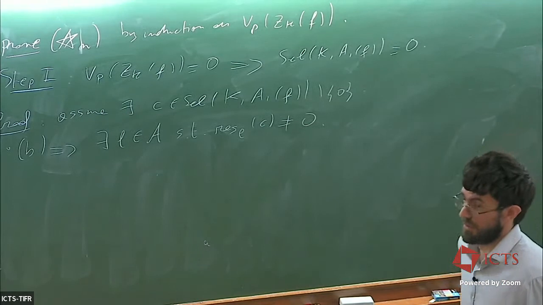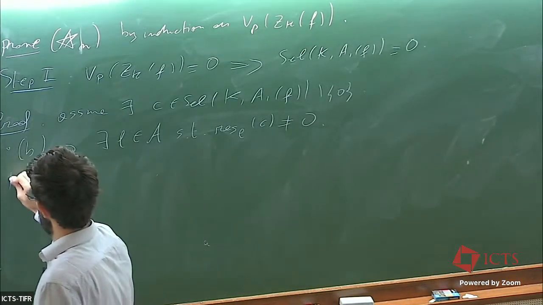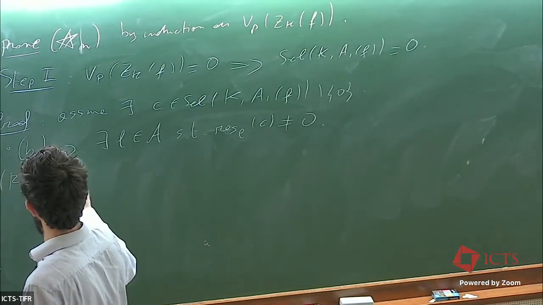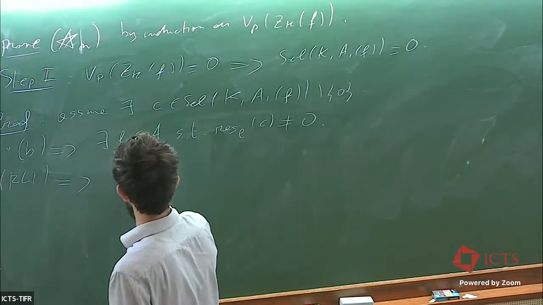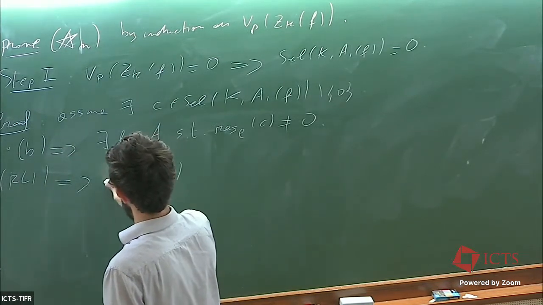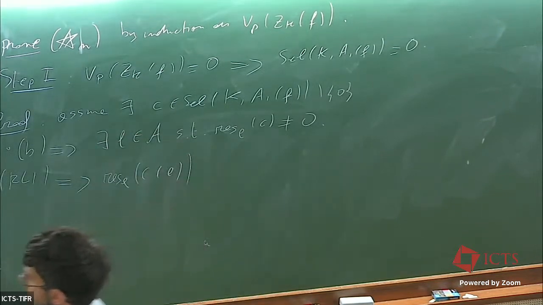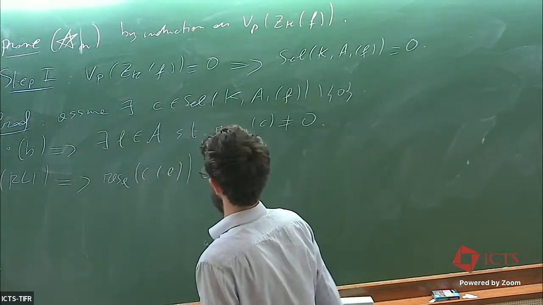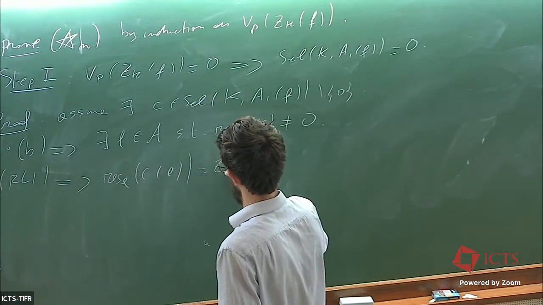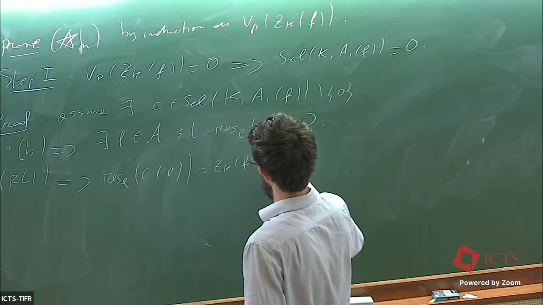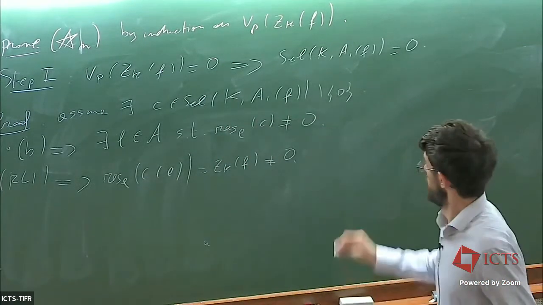But on the other hand, if you use this first reciprocity law, what does it tell you? I can take this c of L, I can take the restriction at L, and what I get is exactly this zeta element, and I'm assuming that this is a unit, so this is not 0 modulo p.